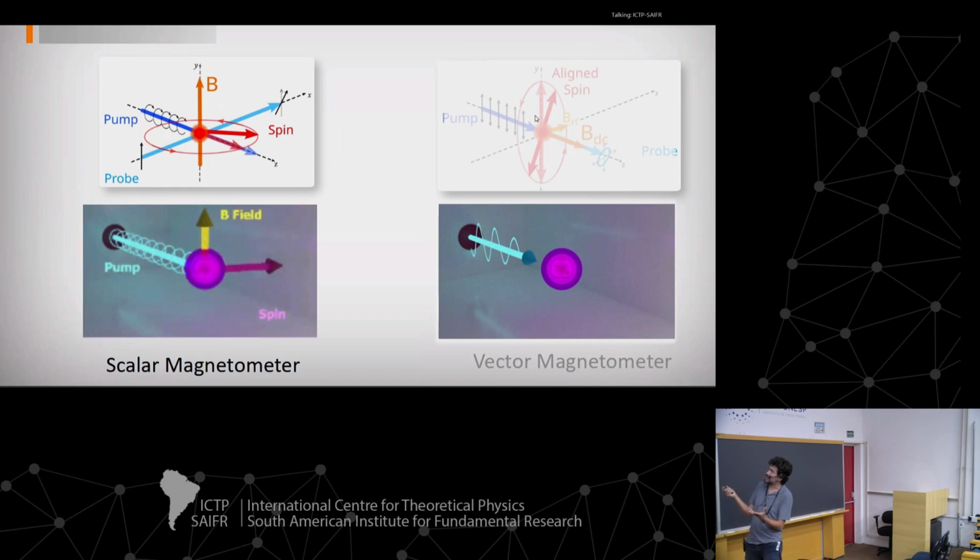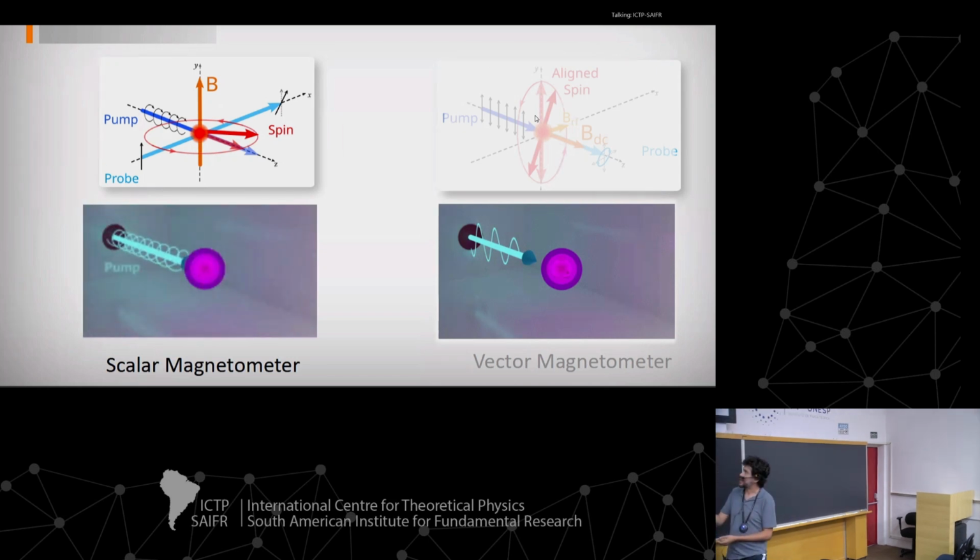And basically, how they work is that you use light to prepare the state of the spins, right? And as there is a presence of the magnetic field, the spins start precessing around the magnetic field. Then this precession is probed by an additional beam here, which is the probe field, and that's how we read the presence of the magnetic field.